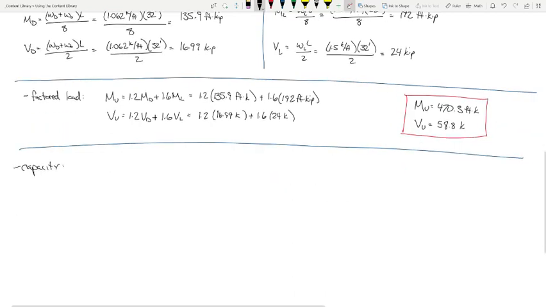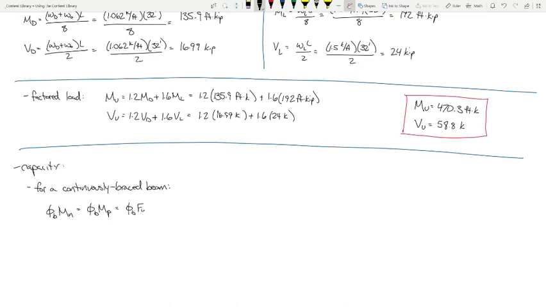Now, if we have a continuously braced beam, the way that we compute Mn, or phi Mn I should say, is phi Mp, which is phi Fy Zx.